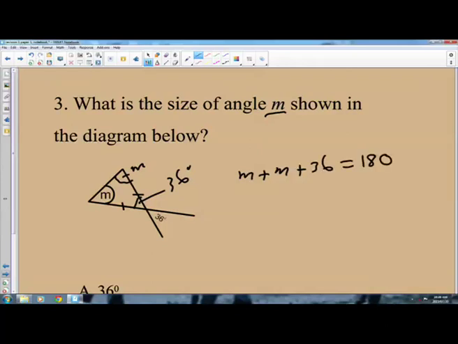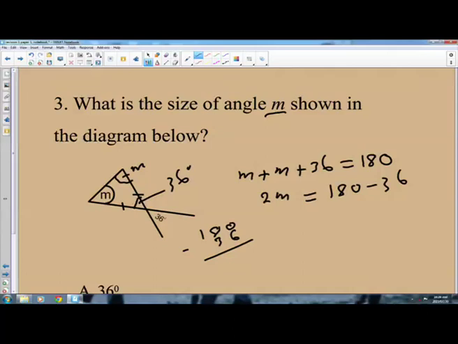M plus M is 2M. Then this will be equal to 180 minus 36. So let us subtract 36 from 180.